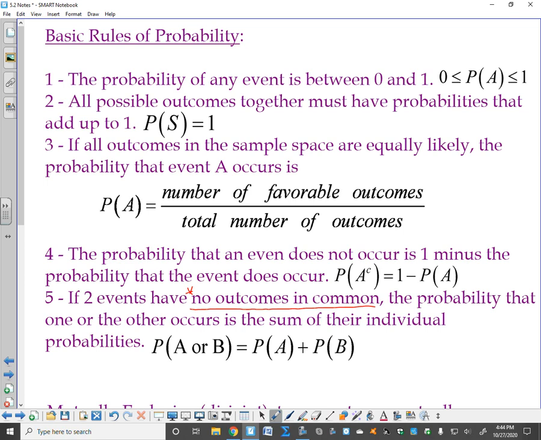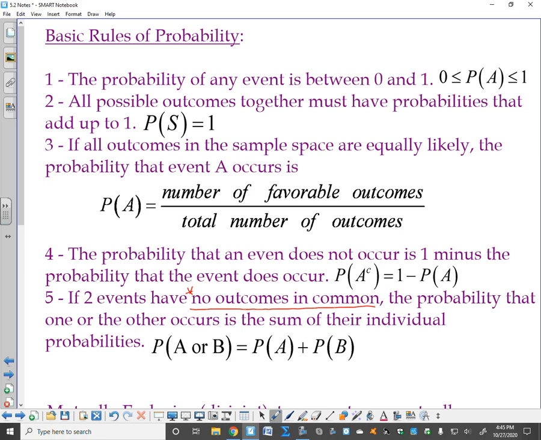So if I were to say, what's the probability that you're going to get an A in AP Stats or that you're going to get an A in Honors English? Well, do those two events have outcomes in common? Could you get an A in AP Stats and an A in your English class? Absolutely.